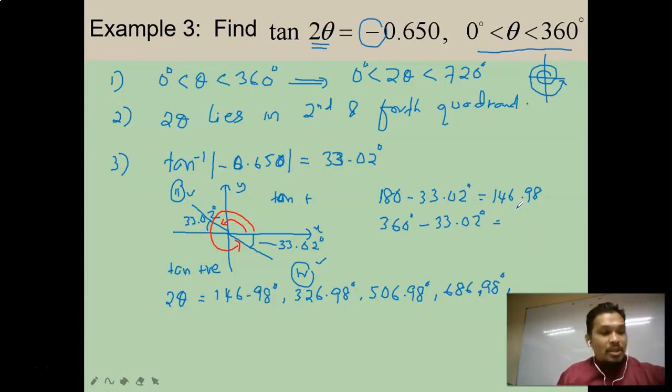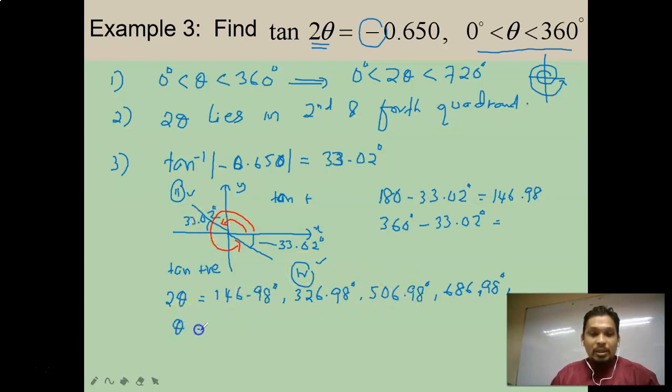The same process goes for the third one and the fourth one: 540 minus 33.02, then you get this one here.